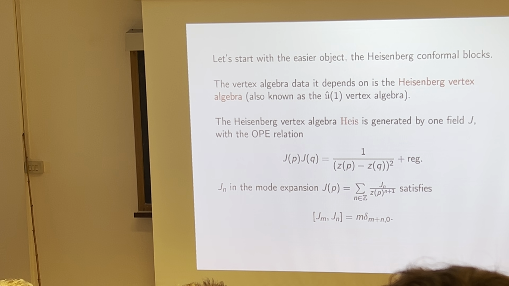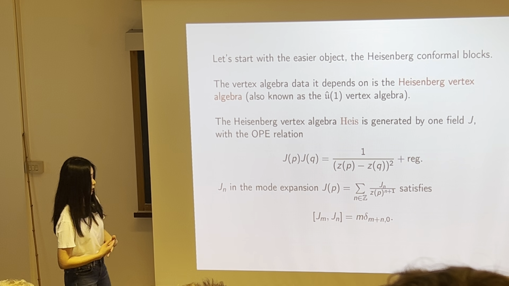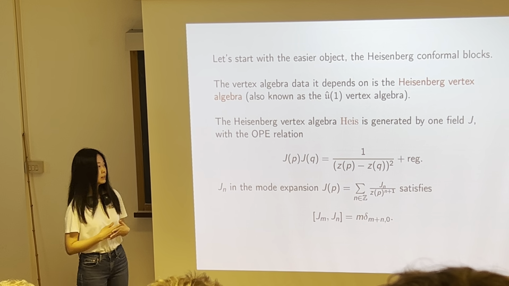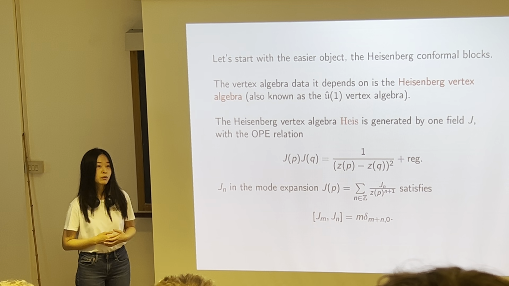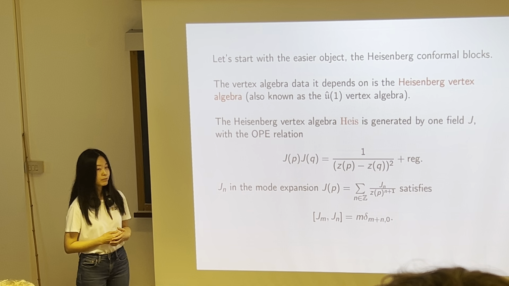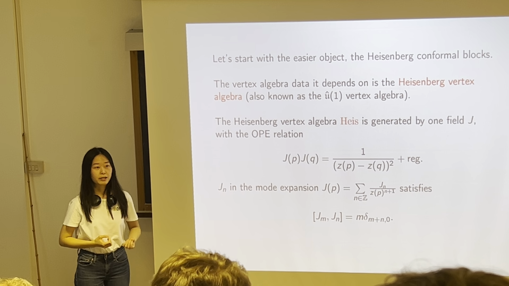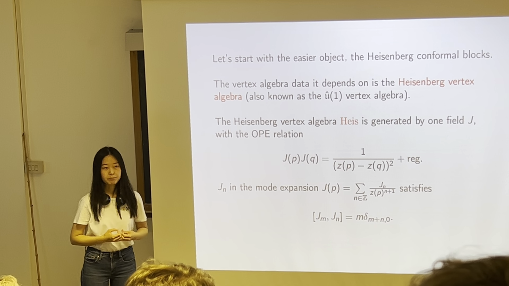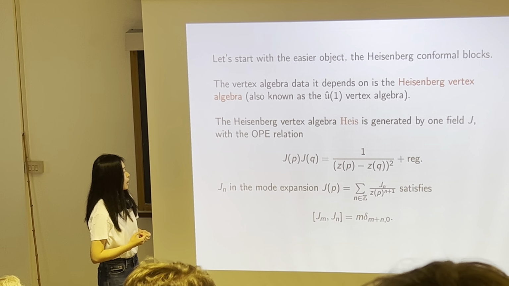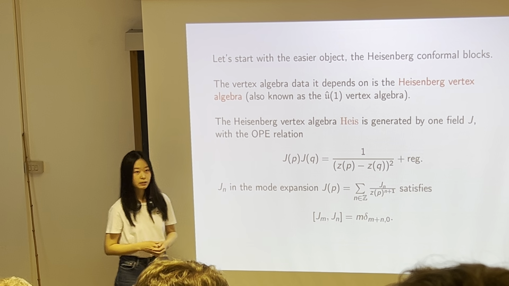Okay, so in this talk, we will only see two types of conformal blocks, the Heisenberg one and the Virasoro one. Let me start with the simpler one, which is the Heisenberg conformal blocks. The vertex algebra here is the Heisenberg algebra, which is generated by one field J with this OPE relation, where the singular term is a second order pole.